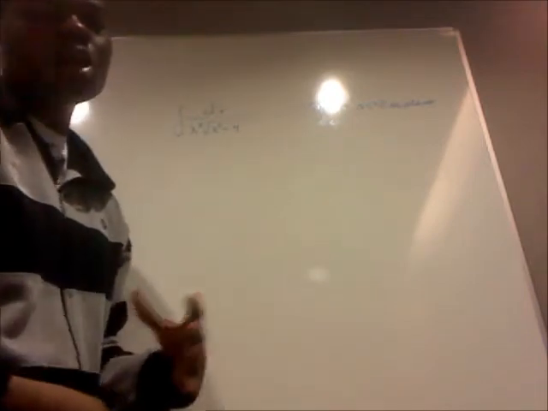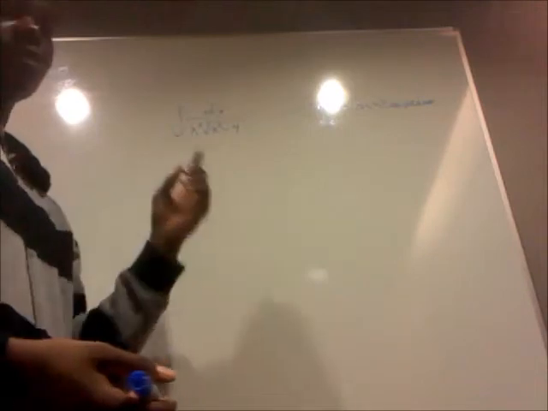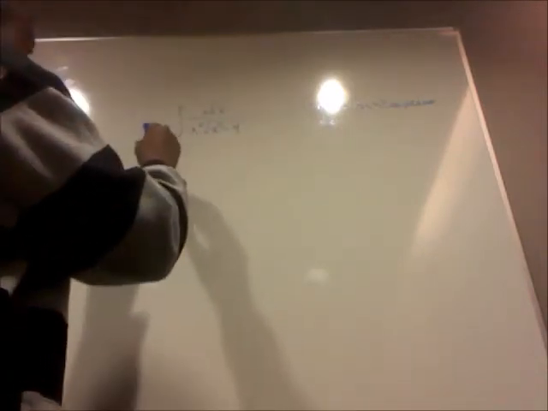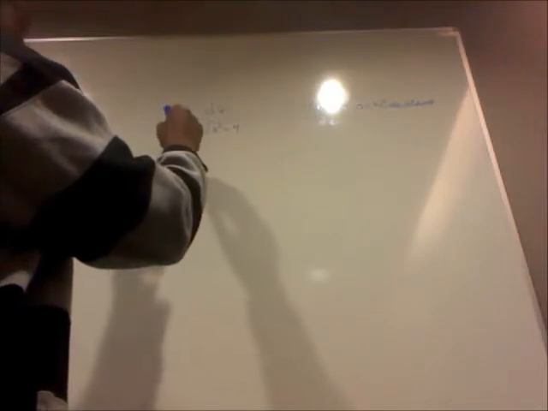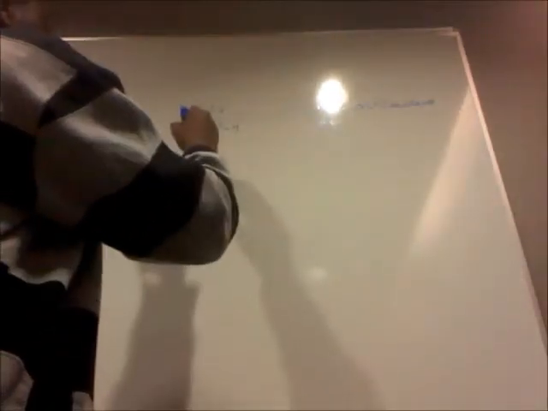After we do this step, we can start plugging in 2 secant of theta everywhere we see an x. So we'll rewrite the problem here, and everywhere we see a dx, we plug in 2 secant of theta tan of theta.